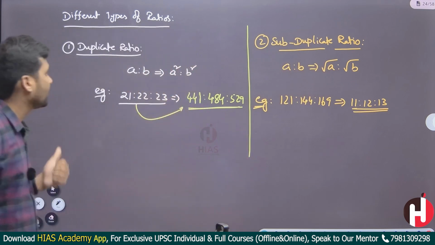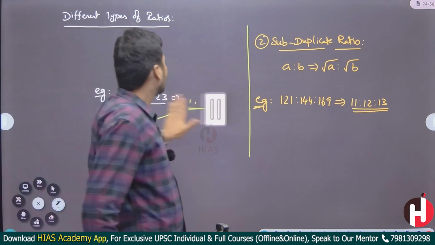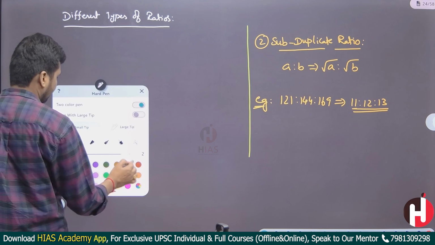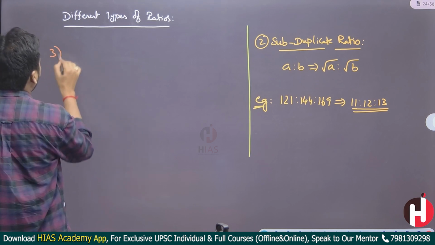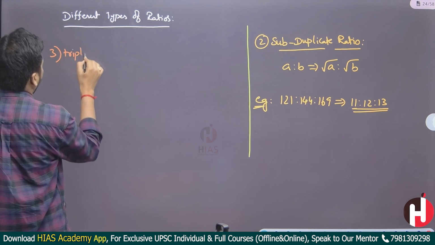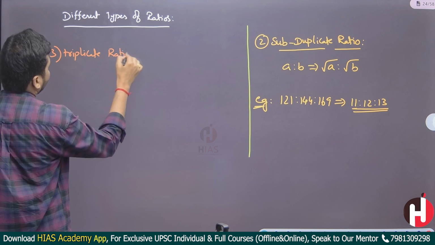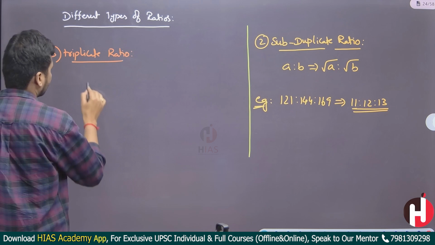So the first one is duplicate ratio, the second one is subduplicate ratio. Third one is triplicate ratio. What is meant by triplicate ratio? Taking the cube of the numbers.